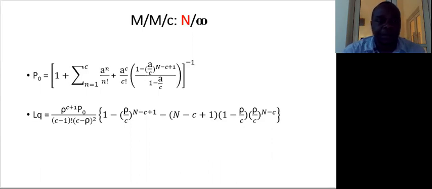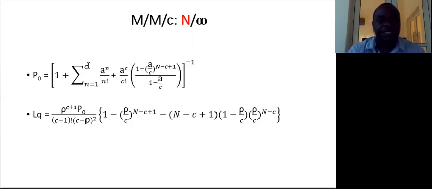Here, we want to start by considering two fundamental parameters in queue models. First one is the P naught, and we can calculate it as 1 plus the summation of a raised to power n over n factorial plus a raised to power c over c factorial into 1 minus a over c raised to power n minus c plus 1 all over 1 minus a over c, all raised to power minus 1, that is 1 over all of those equations written here.